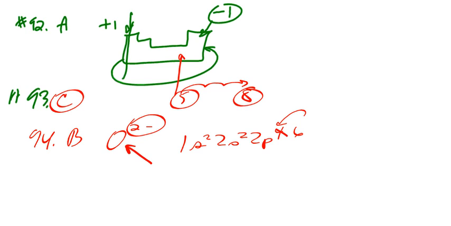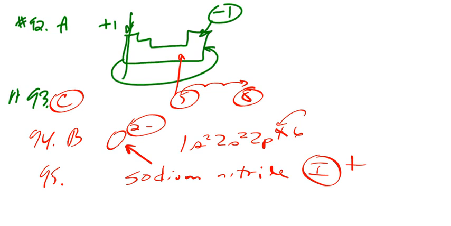Number 95 says, what's the formula for sodium nitride? First thing you should note, there are no prefixes in the name. Therefore, it is an ionic compound where you have a positive cation and a negative anion. When you look at that, it's got an -ide that comes right off the periodic table. Those with -ides, it used to be nitrogen.